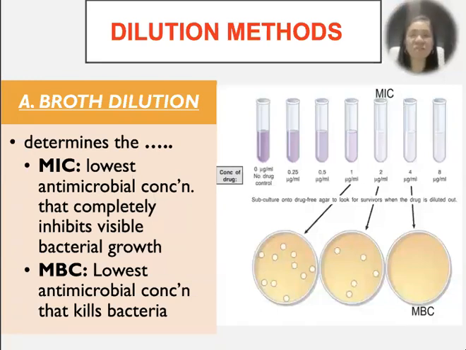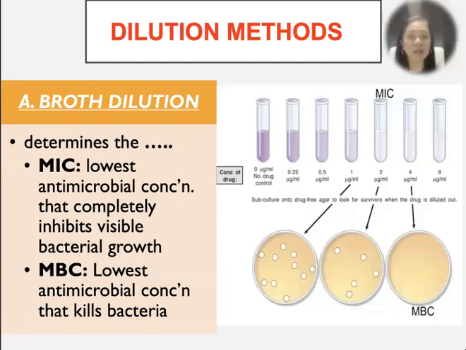Pero yung concentration na talagang patay na yung organism is 4 micrograms. So, pili ka lang. Ito, pwedeng maging intermediate. Ito, talagang susceptible. So, pwede mo siyang ibigay sa pasyente pag medyo sensitive na yung pasyente. Pero kung hindi naman, dito tayo syempre sa mas mataas na concentration.